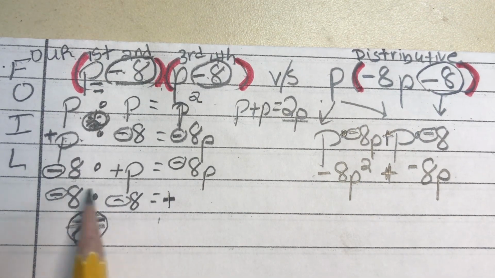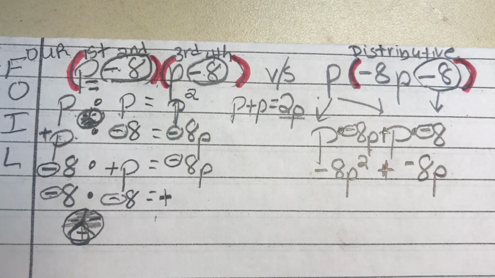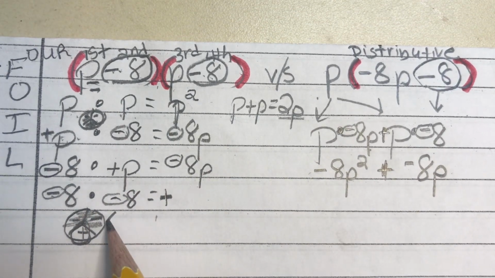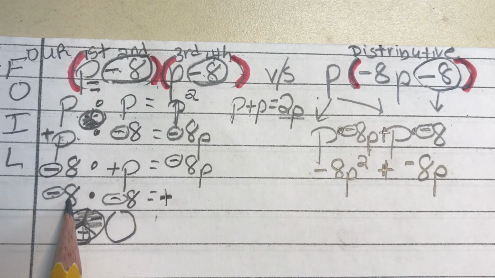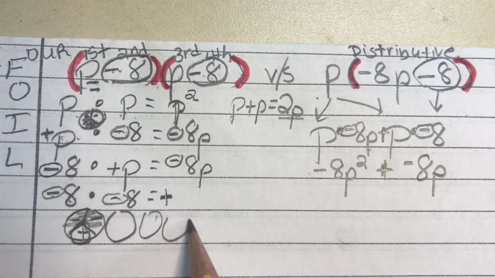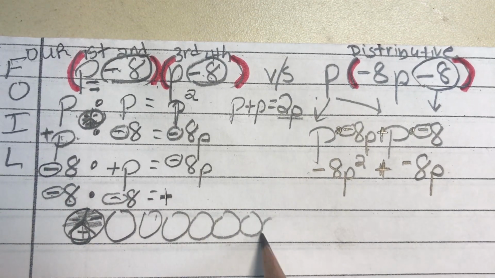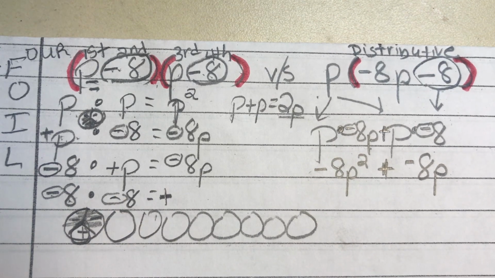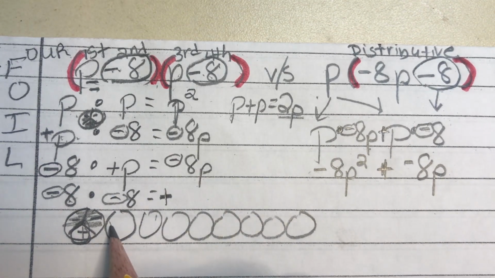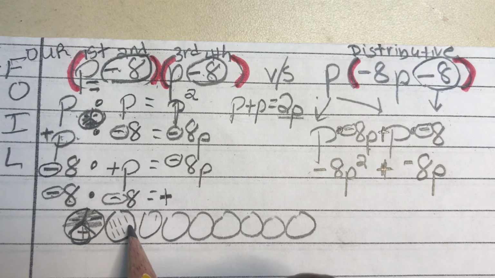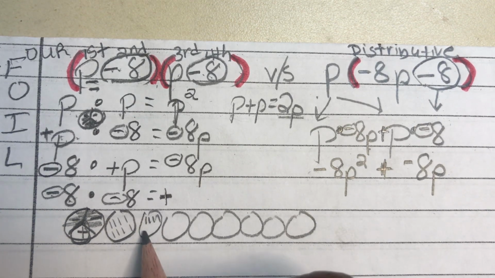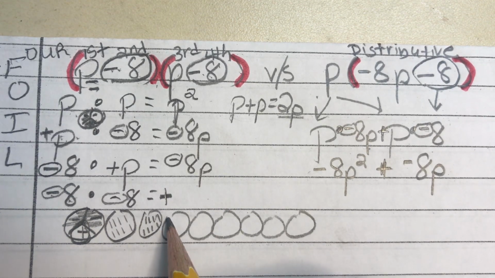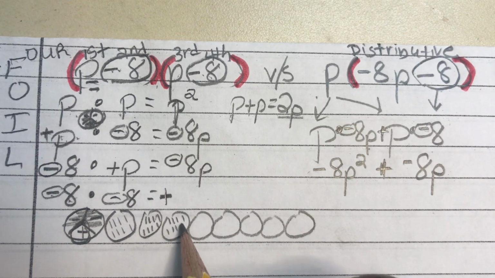If you don't remember what 8 times 8 is, you don't have to. Multiplication is nothing more than circles and dots. So I'm going to draw 8 circles. 1, 2, 3, 4, 5, 6, 7, 8. Inside, I'm going to draw 8 lines, or 8 dots. 1, 2, 3, 4, 1, 2, 3, 4. And I'm just going to count them all.